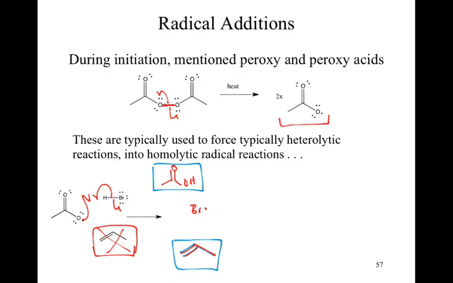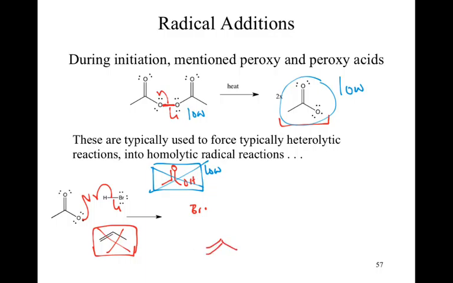Well, if this is in low concentrations, what does that mean about the next species? Well, it's also in low concentrations, which then means our acid form is also in low concentrations. Well, if it's low concentrations, odds are it doesn't react. That then puts us in the situation where our bromine radical will react with our alkene.